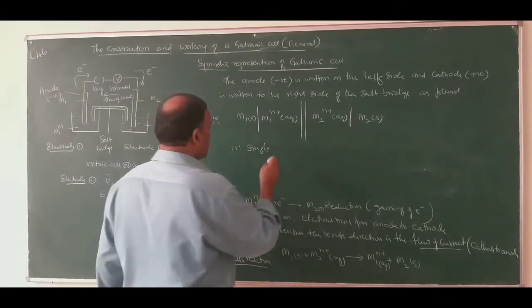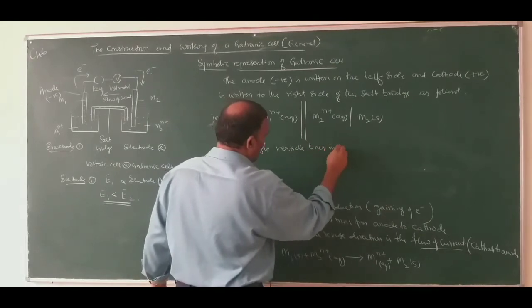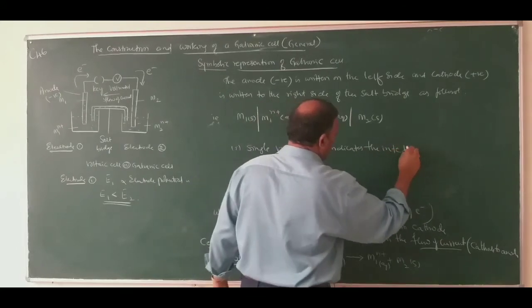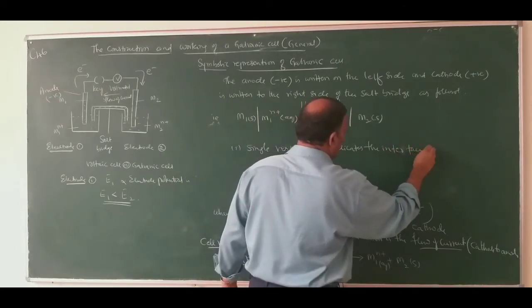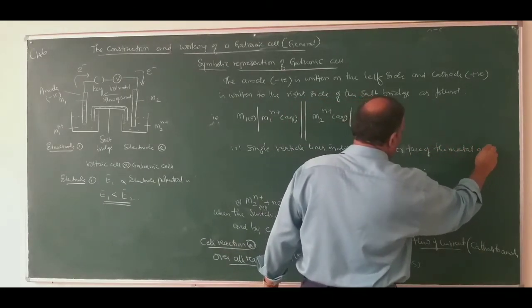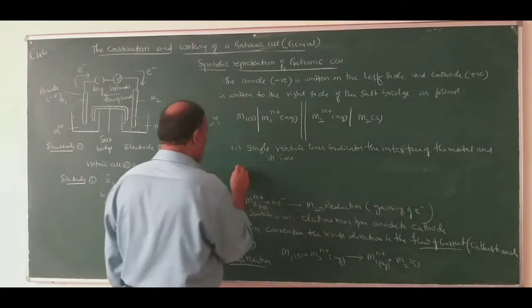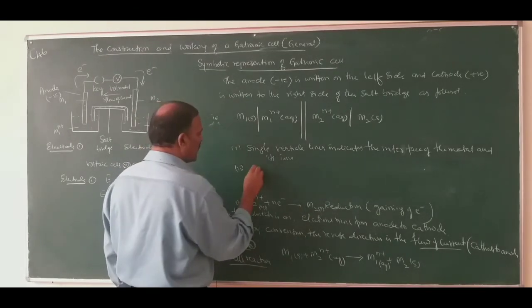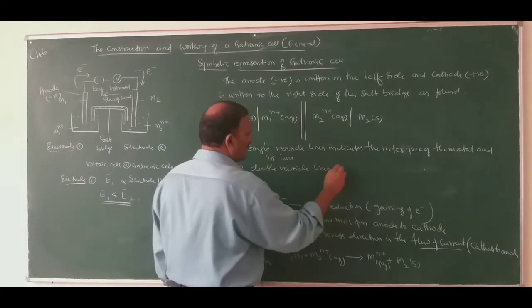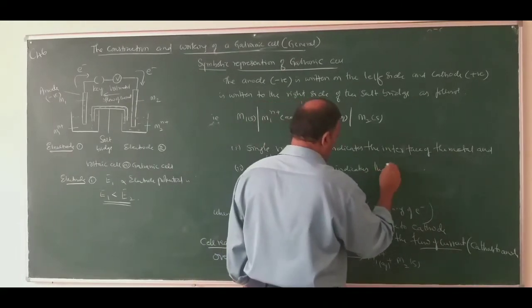Single vertical lines indicate the interface of the metal and its ions. And double vertical lines indicate the salt bridge.